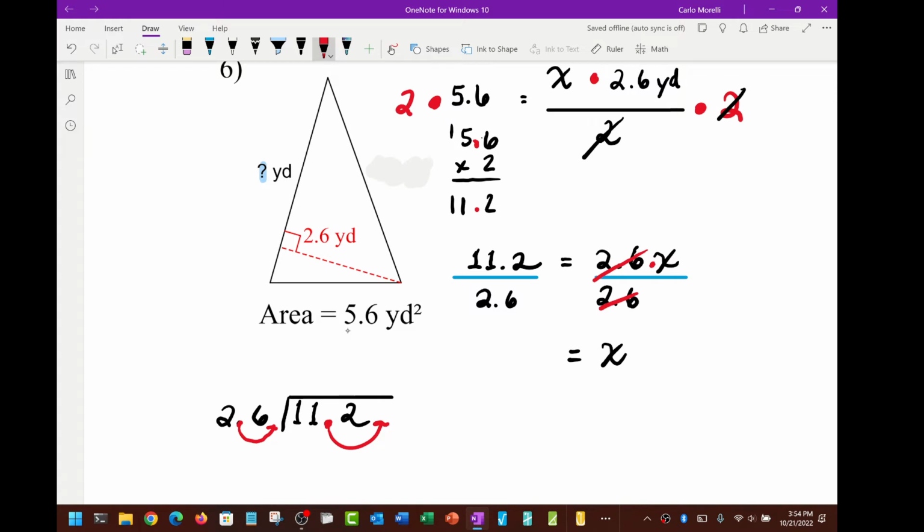So 26 times 4 is going to be more than 100 cents, but definitely couldn't do 26 times 5 because that would be more than 112 cents if I'm thinking about it like money. So I know that the number that I'm going to put right here as the first term of my quotient is 4.